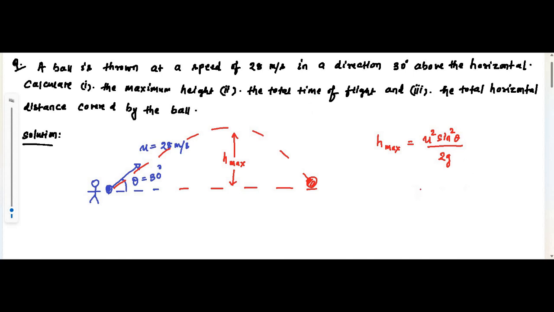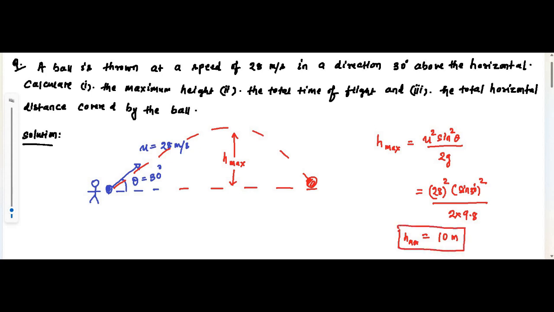We'll simply substitute the values: 28 square in place of u square, sine 30 degree square, by 2 into 9.8. Sine 30 degree is 1 by 2. So the result is coming around 10 meters. This is the maximum height reached by the ball.